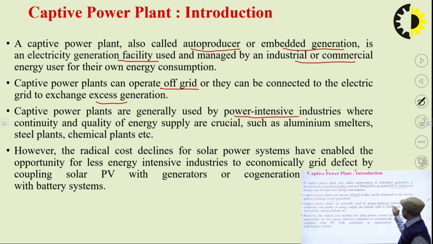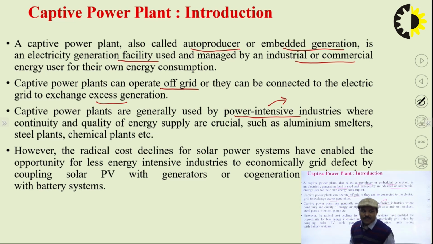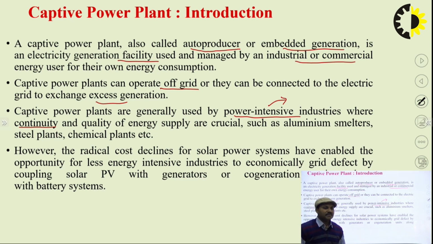Used by power intensive industries. Here, power intensive means industries where there is high power consumption, and there we use the captive power plant. We can also see that continuity of the power is required. At that place the captive power plant plays a very critical role, because of dependency on the grid: sometimes the grid may fail or there may be some small fault, but your generation or production cannot be affected.